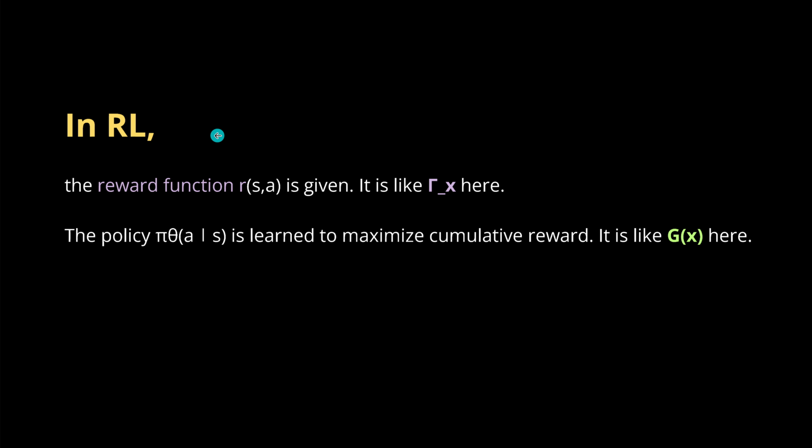Just remember, think about this. In reinforcement learning, we have the reward function that depends on the state and on the action. And this is like our gamma of x here. And the policy function that we used, our pi theta, again action and state, is learned to maximize the cumulative reward.